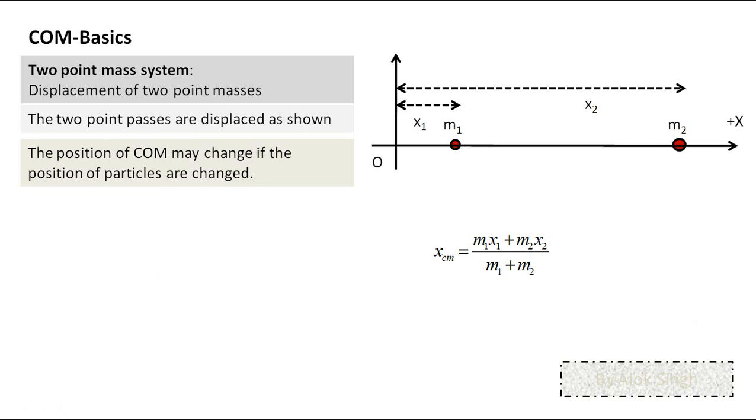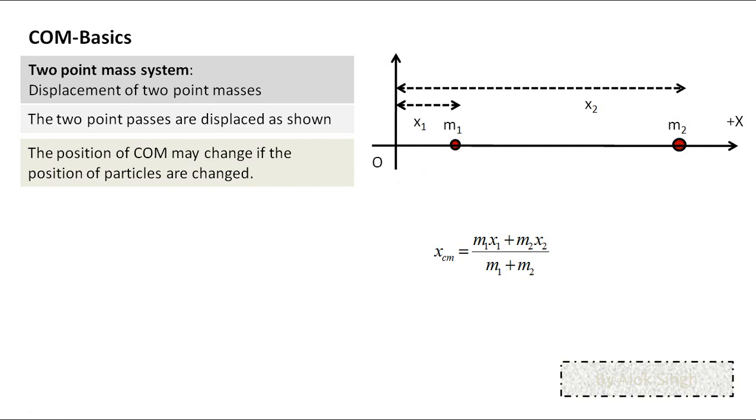Let's move on. Now, what will happen if we displace the 2 point masses? So there are point masses m1 and m2. This time, just for the sake of change, we have taken a similar coordinate system, with the x-axis along the line joining the 2 particles, but we have taken the origin at a different point, not coinciding with m1.